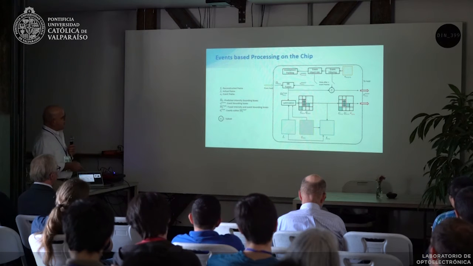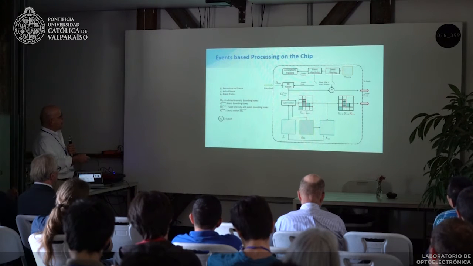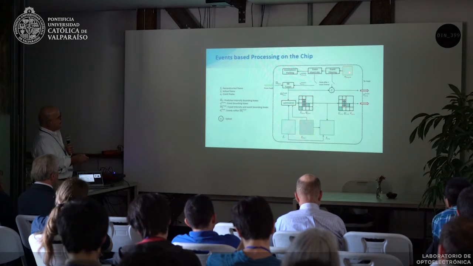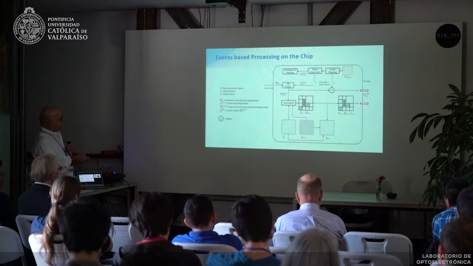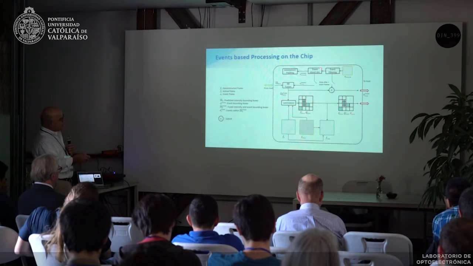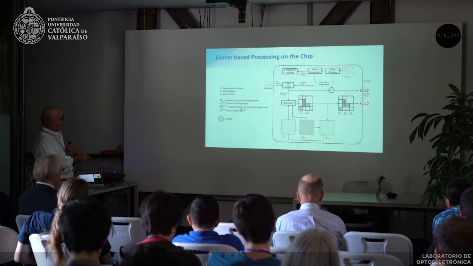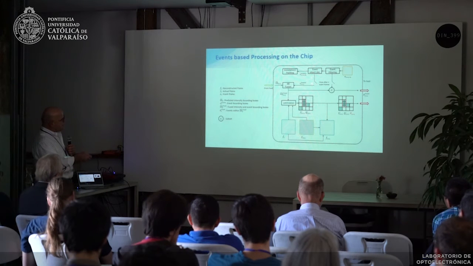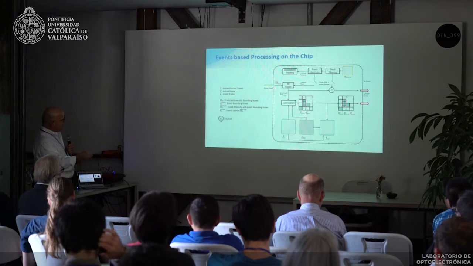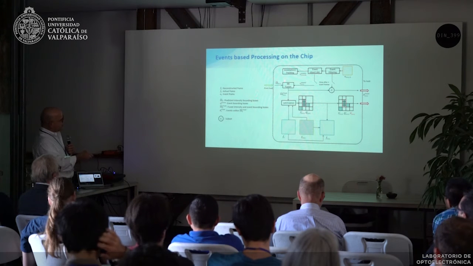Now, another direction we took, utilizing events, is to assume that the events are available on the chip, right? And then we do event filtering. I'll say a few things about it. Then we can use the events to do object detection and fuse the detection results on the chip with the prediction that is provided by the host.